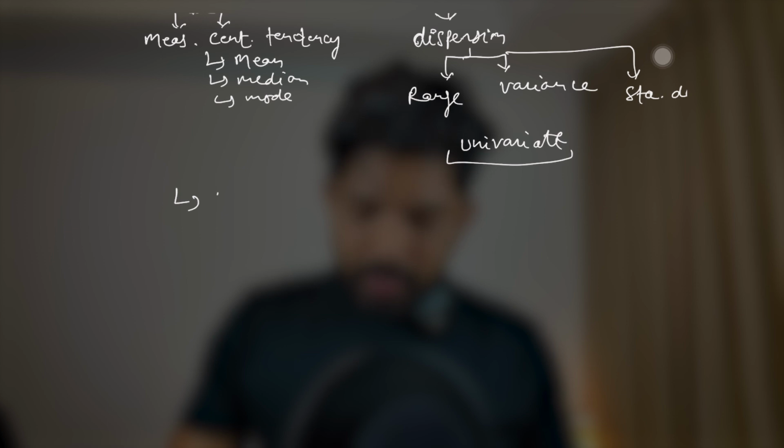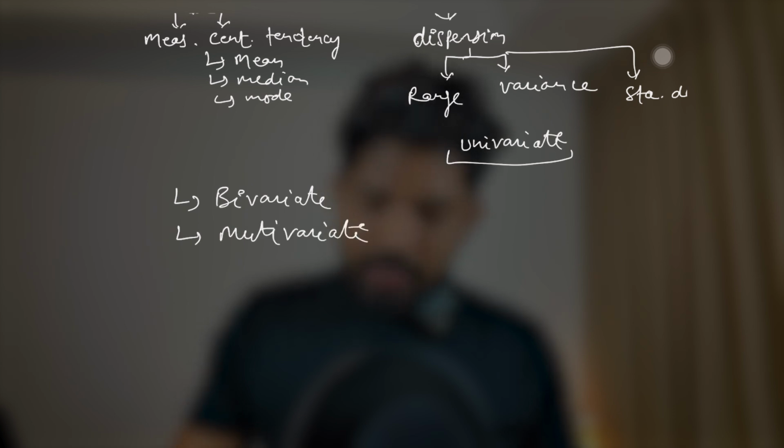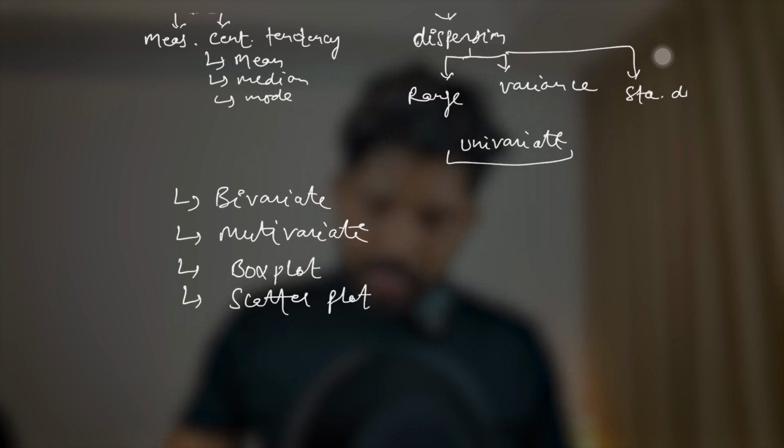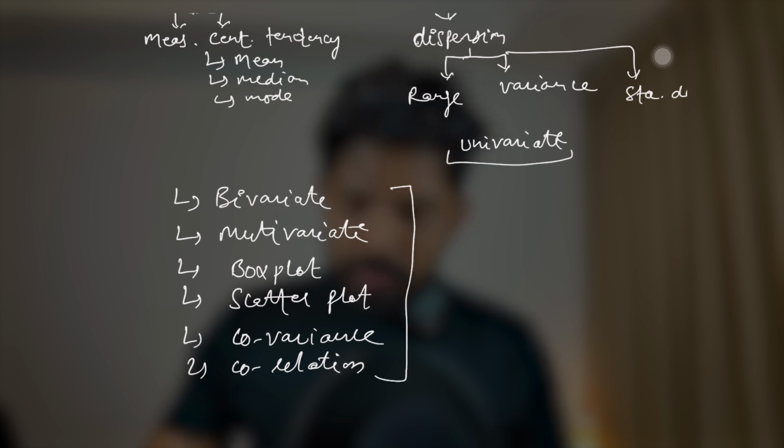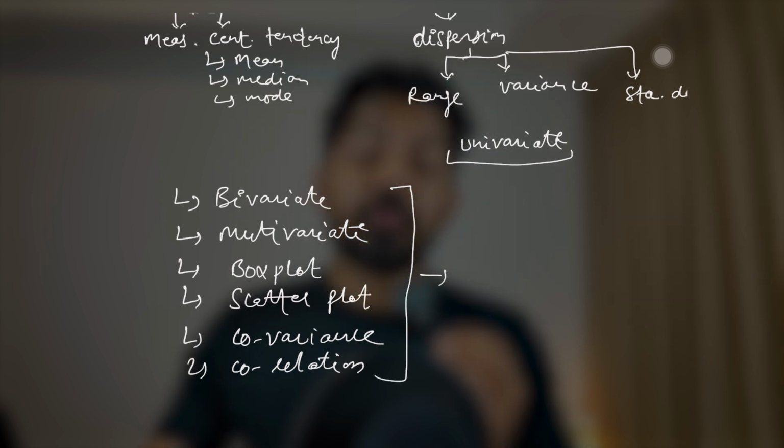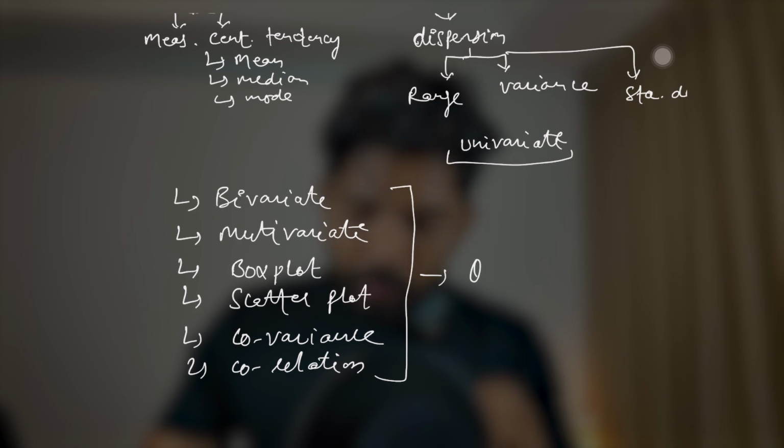So this session will be the continuation of the previous session, and today we will learn the bivariate analysis and its graphs, and the multivariate analysis and its graphs, and we will also learn the box plot, the scatter plot, and we'll also learn about the covariance, correlation, right? And before learning all these things, we will learn a very basic but very important concept, that is the concept of quantiles. So without further ado, let's deep dive into today's session.